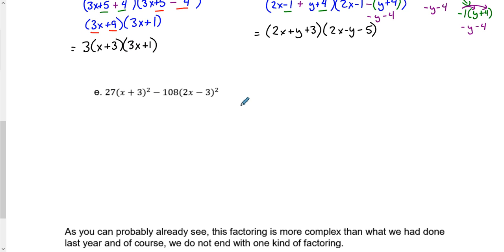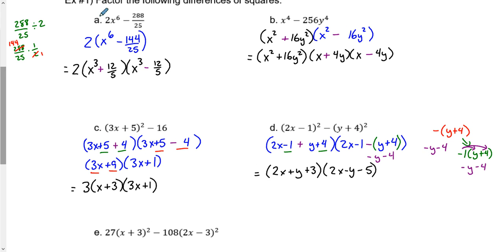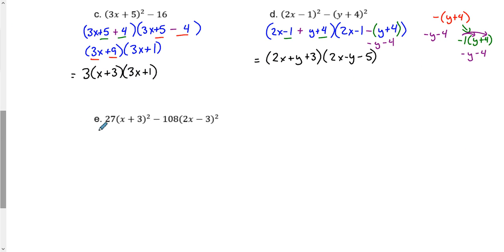Our example here, again, we have some squares. But we can't do the square root of 27 nicely, and we can't do the square root of 108 nicely, which means we go back to our first step to factoring. Is there something common, a greatest common factor that we can take out of a 27 and a 108?